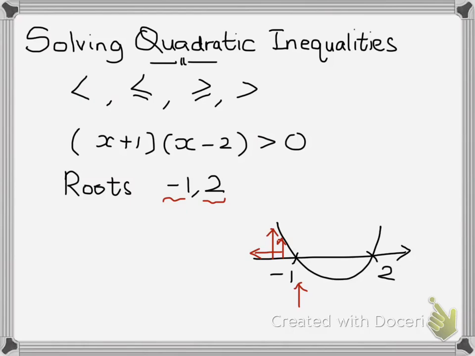Let's try the other root, which is 2. If x moves towards the right from 2, the corresponding y coordinates will move above the x-axis. So from negative 1, if x moves towards the left, y becomes greater than 0, and from 2, if you move towards the right, y becomes greater than 0.